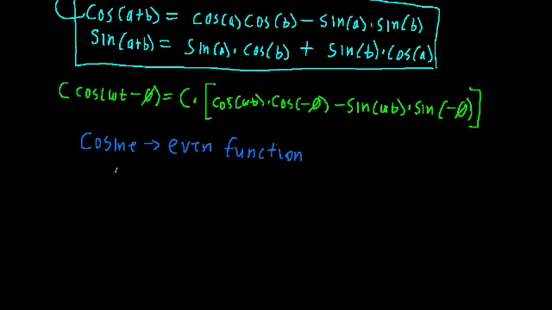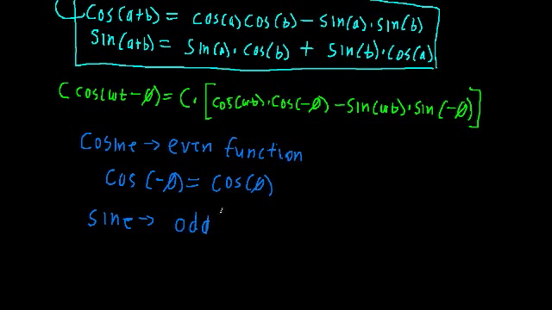What this means is that cosine of negative phi is equal to cosine of phi. Now sine, on the other hand, is what we like to call an odd function. What this means is that sine of negative phi is equal to the negative sine of phi.